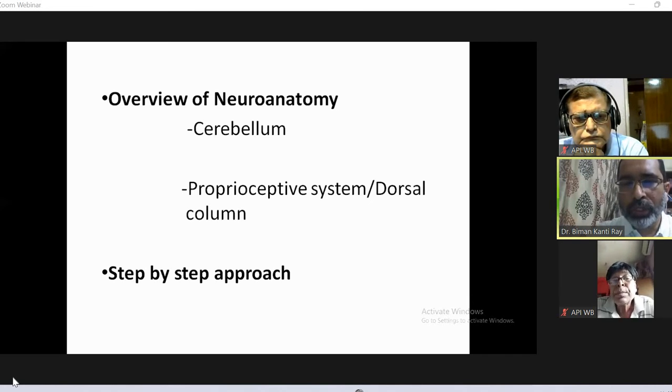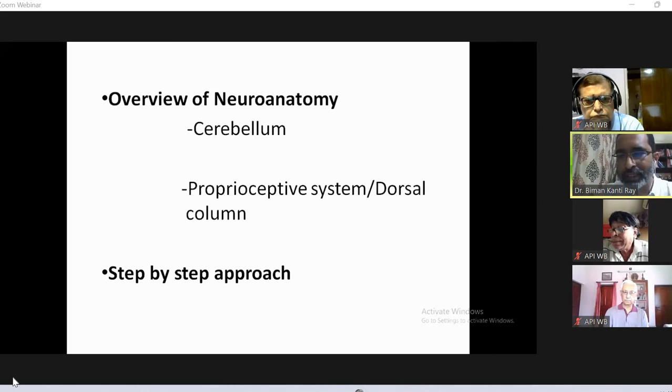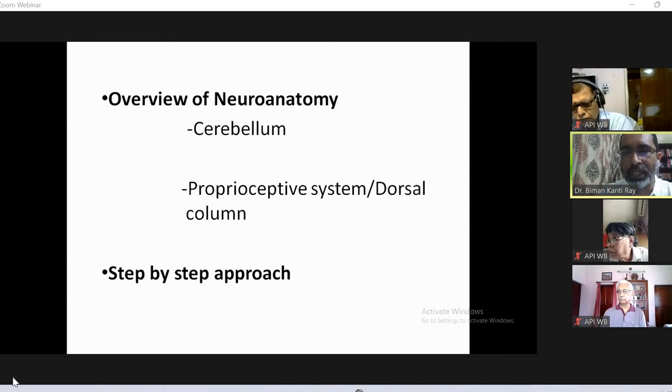We all know the cerebellum, as it is popularly called, little brain. By weight, it is 1/6 of the whole brain, but it contains almost 80% of all neurons in the brain. And cerebellum is the main structure which is responsible for maintenance of our coordination.